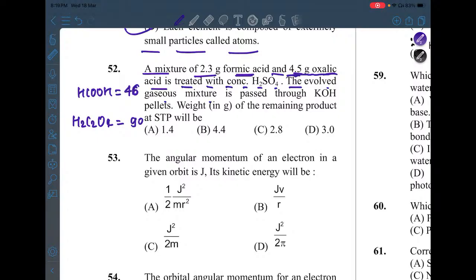The evolved gaseous mixture is passed through KOH pellets. We have to calculate the weight of the remaining product at STP.